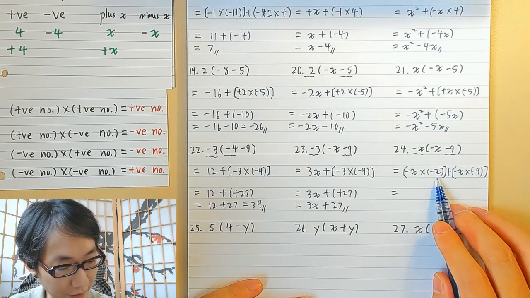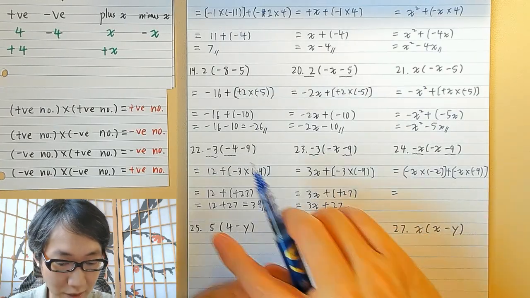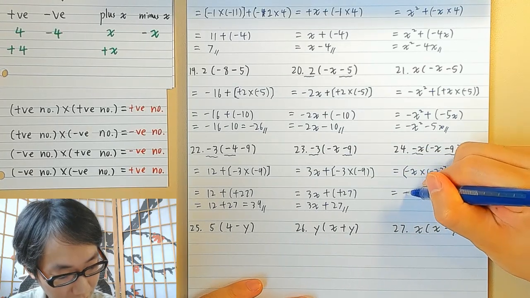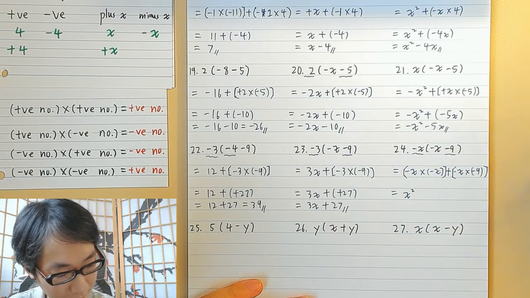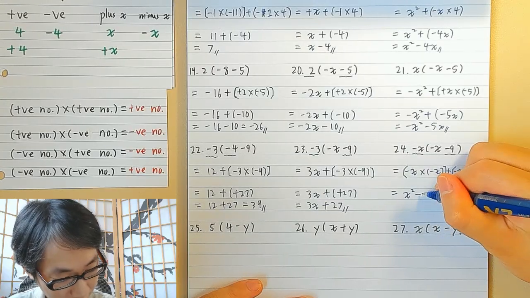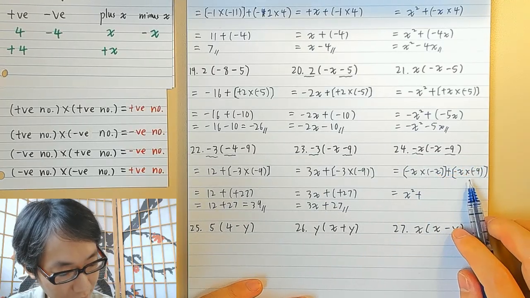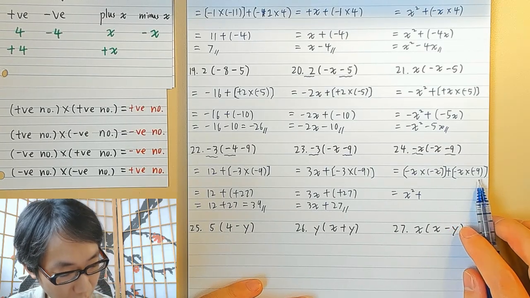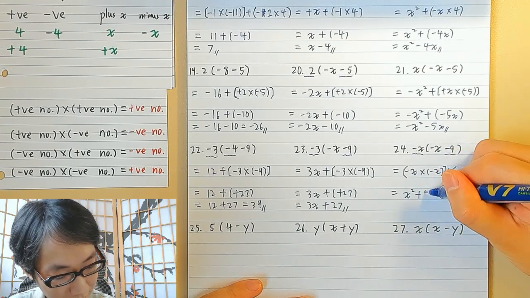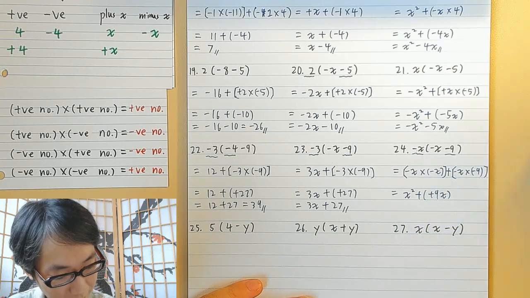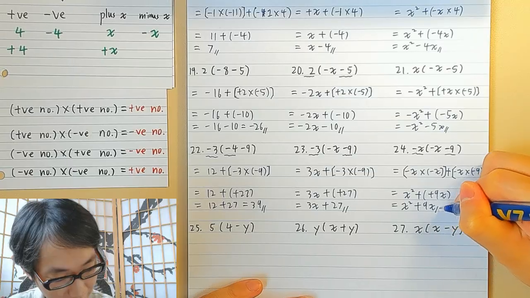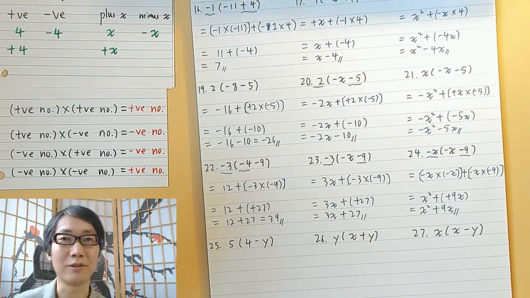First term will be a plus because we have 2 minus x multiplied together. 2x multiplied together will be x squared. And in the mid bracket, minus x times negative 9 will be positive 9x. So x squared plus 9x. Okay.